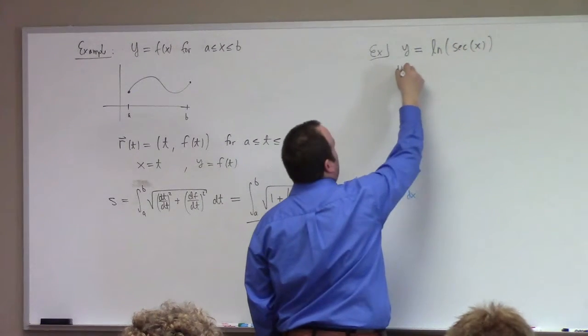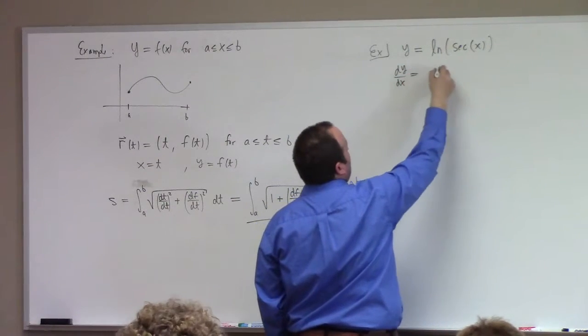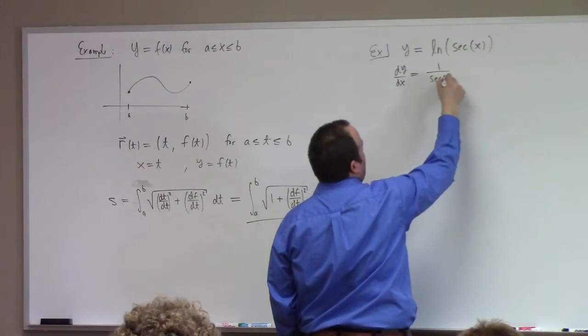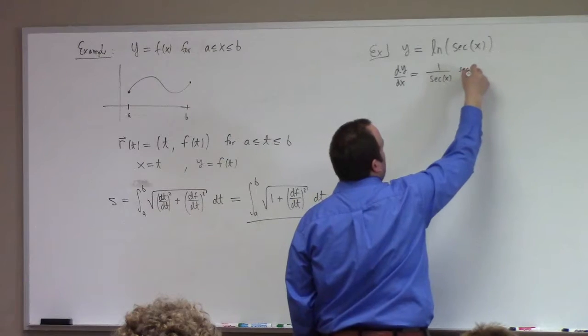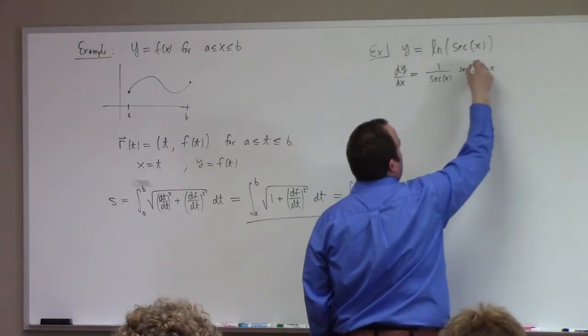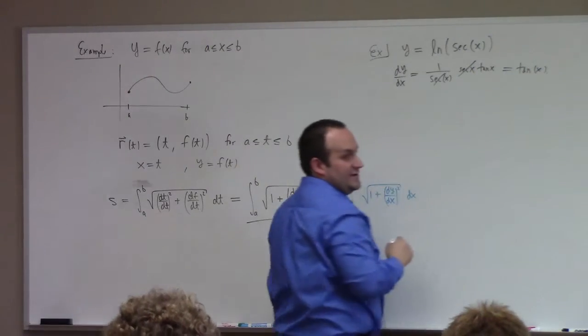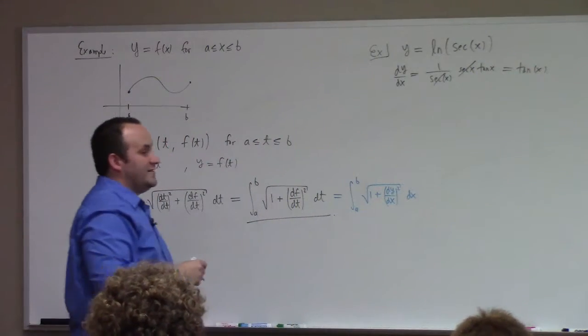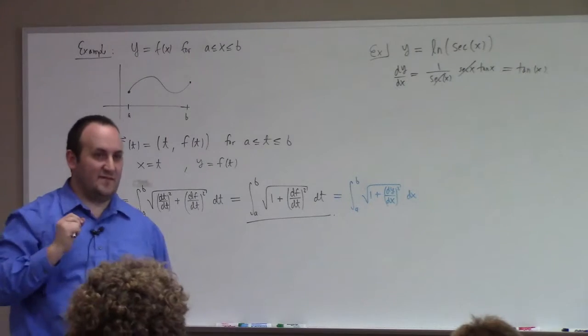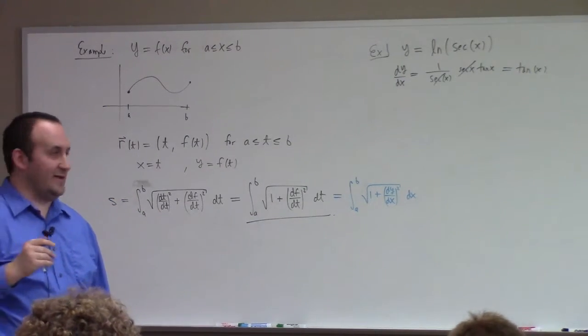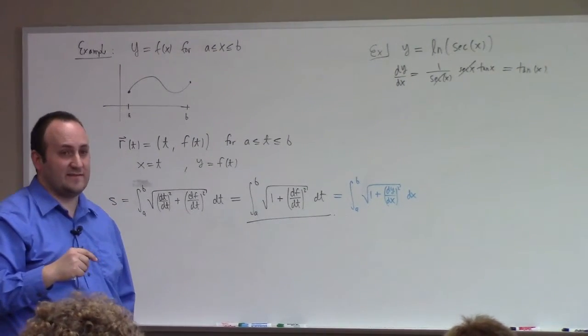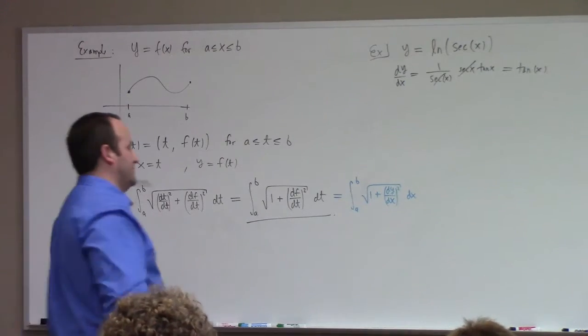dy/dx is what? Yeah, 1 over secant x, and then we got sec x tangent x, right? We have a winner, yes. So while this is scary, if you just see it: calculate the arc length of the natural log of secant of x from 0 to 1.